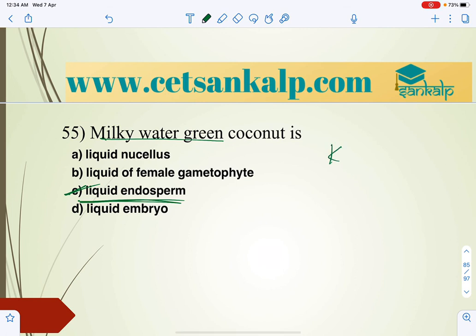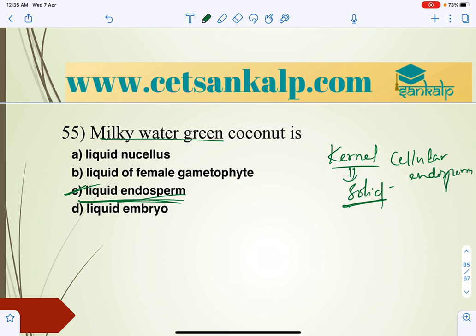The tender coconut water is liquid endosperm. Here it is like solid endosperm, the kernel, which represents the cellular endosperm, whereas liquid endosperm is free nuclear endosperm.